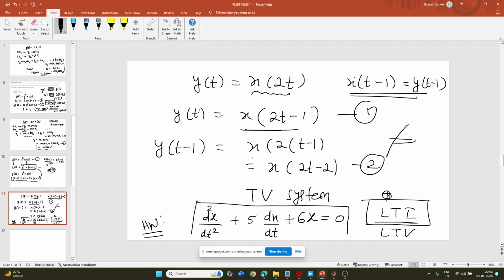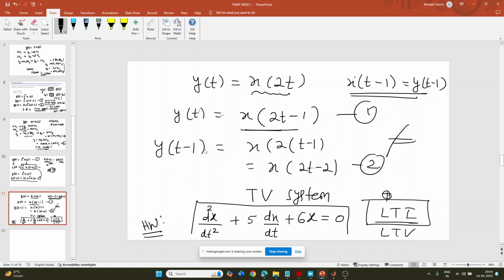This is homework I am giving you. Check it by yourself and tell me, because you have already come across these equations: a linear differential equation of second order, of third order. Do some exercise by yourself. I'll tell you the answer next class, or if somebody approaches this question by the end of the class, we'll discuss it then.